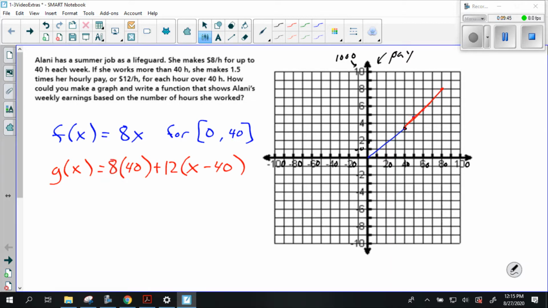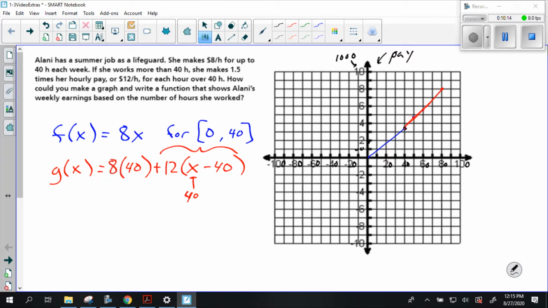When x is 40, this whole quantity here is going to be 0. And so that's going to make more sense, right? With this particular function, at the very beginning, we're going to wind up with x equals 40. We want to start at 40 and go up from there. So that's going to help us out with that.